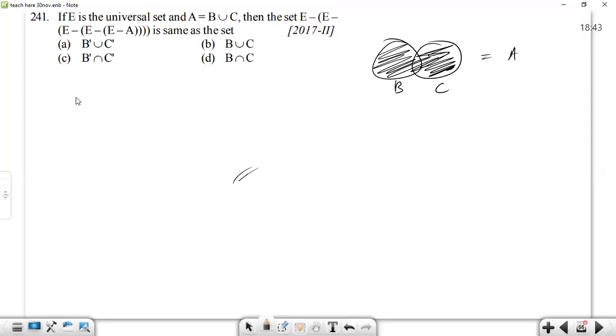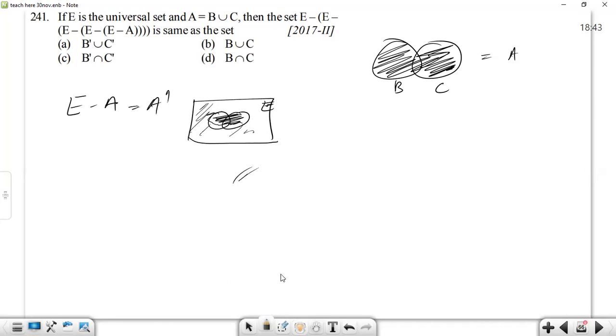First, let's understand what E minus A is. If we draw a universal set like this, E, and there is a set, any set like A, and we don't include A and include everything else, it is basically the complement of A, right? Yes, sir.